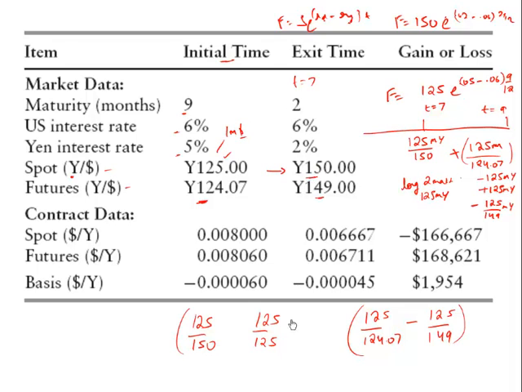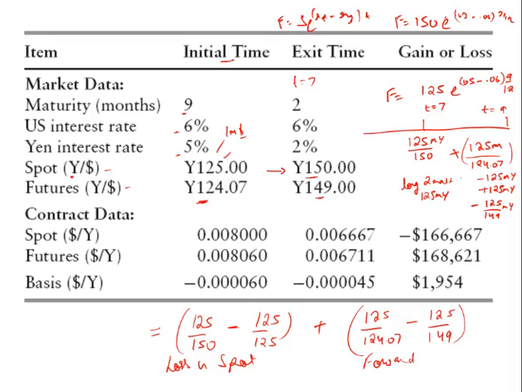So this difference is the loss in the spot position. This is what the return would have been had he not entered any forward contract. This is the gain on the forward position. This position was created with the intent to hedge against these losses.